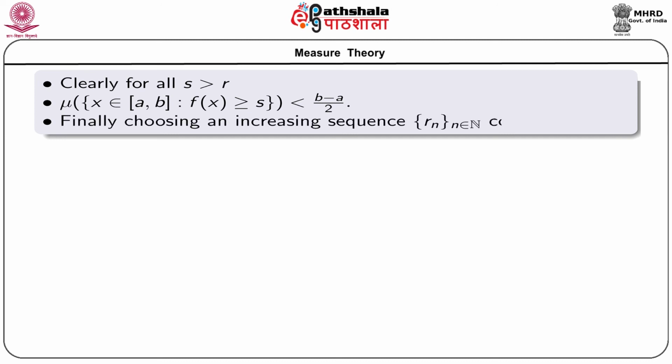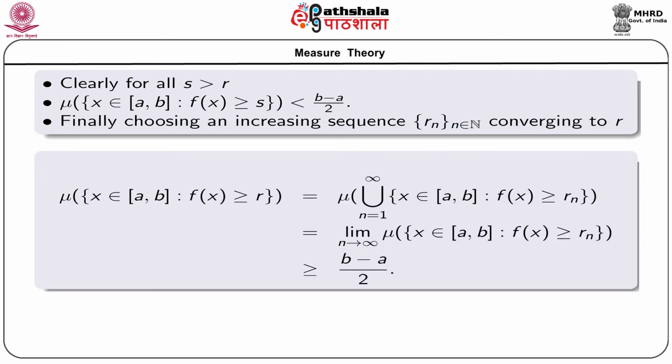And finally, choosing an increasing sequence r_n which is converging to r, we have this observation that the measure of the collection of all x in [a, b] where f(x) ≥ r is equal to the measure of the union over n from 1 to infinity of the collection of all x in [a, b] where f(x) ≥ r_n.